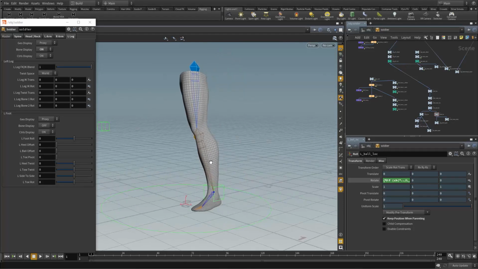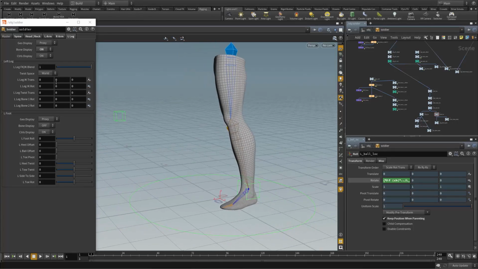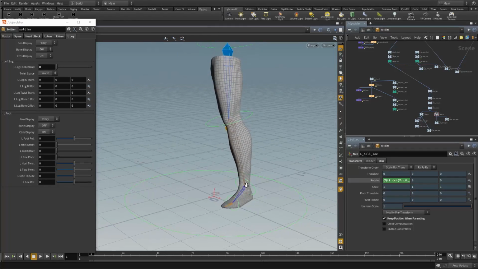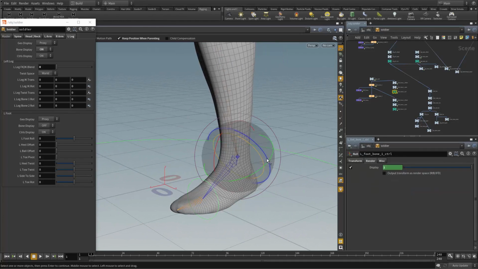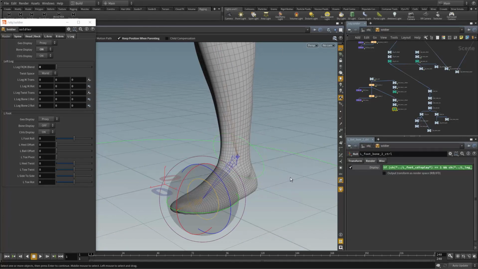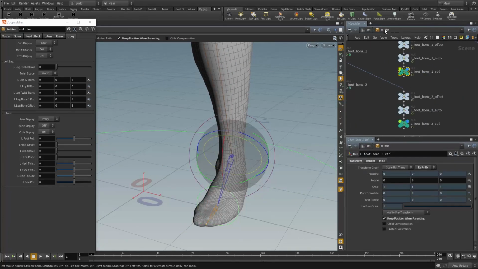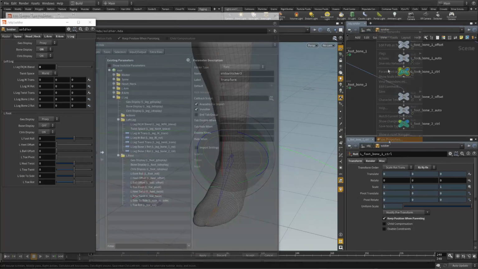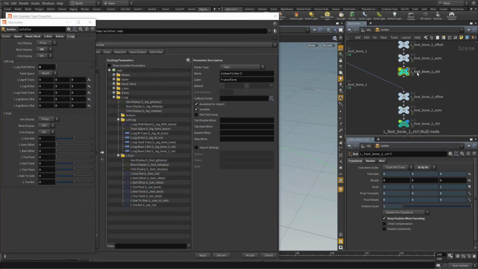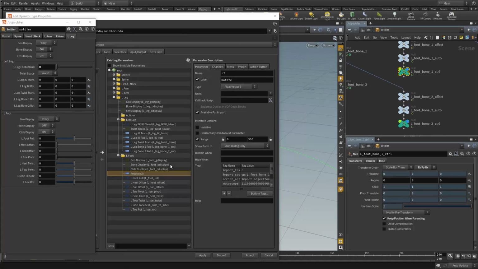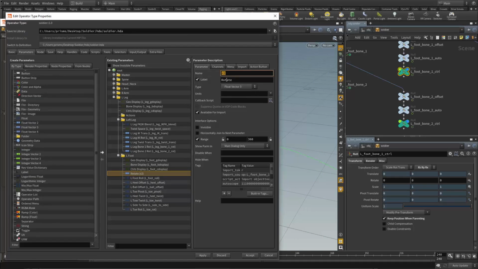So the parameters that we need to promote are for the foot when the leg is in FK mode. We have these two controls, so let's promote those right now. Go to our type properties. So left foot bone 1 control. Let's place that right in the middle there. And we're going to call this left foot bone 1.